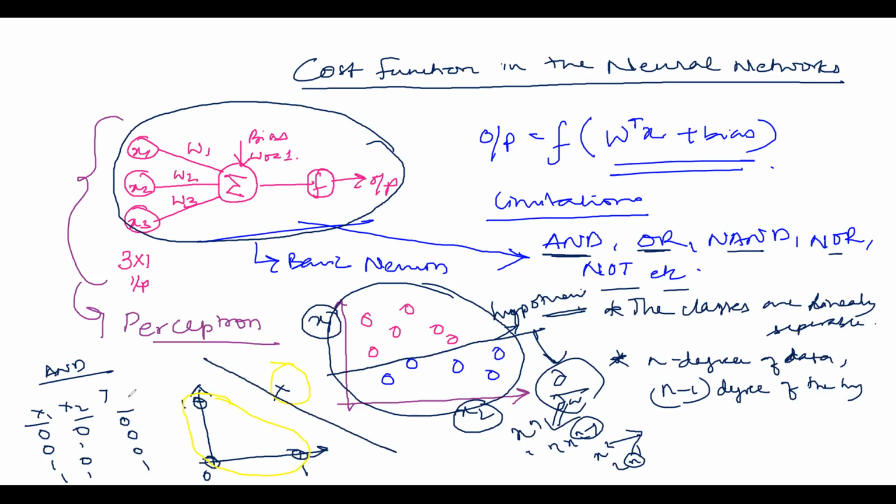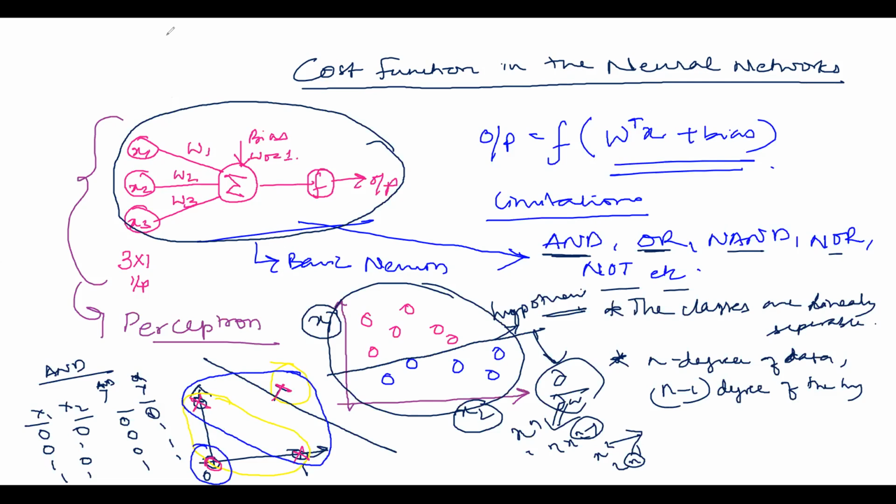Now when I go for, let's say, OR, what will it be? 0, 1, 1, 1. How will this OR look? 0 0 is 0, the others are 1. When I plot, this will be my one class and this will be my another class.